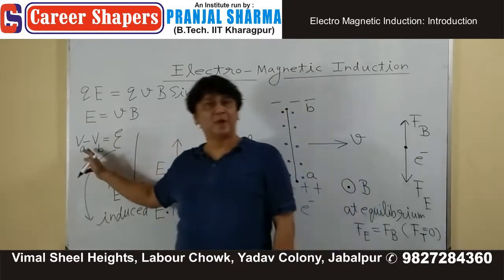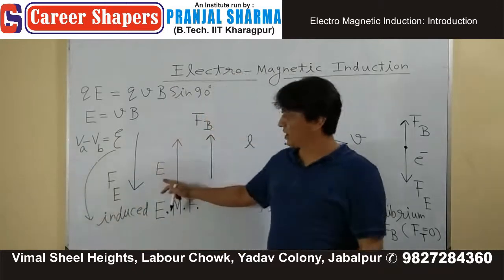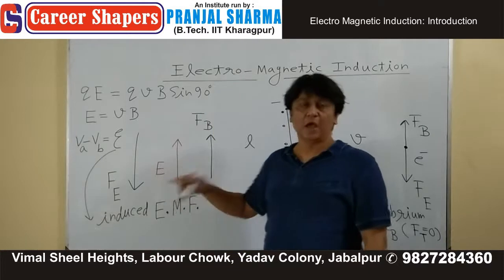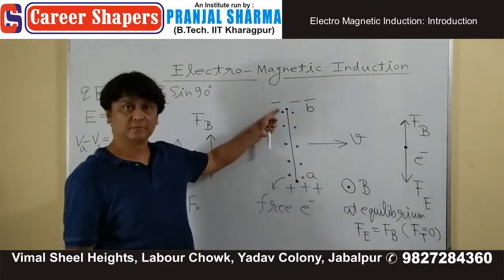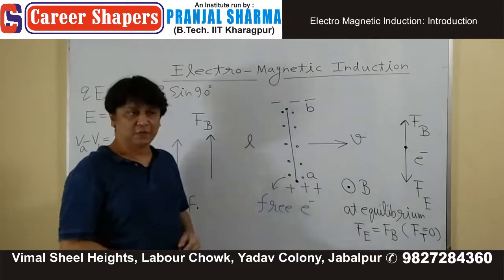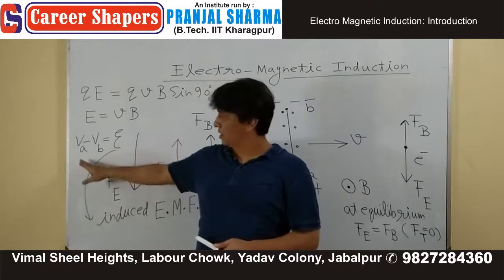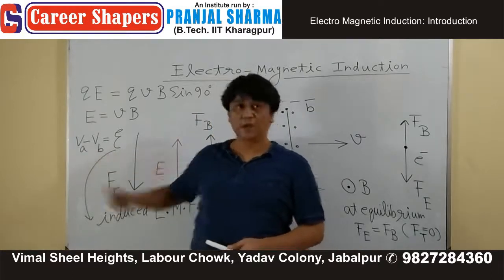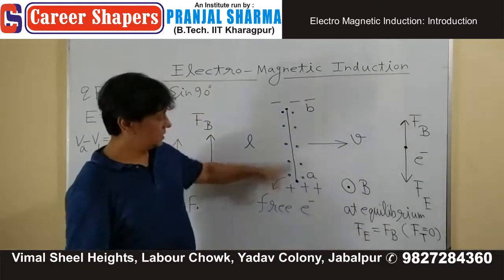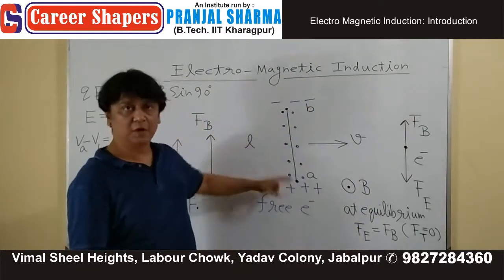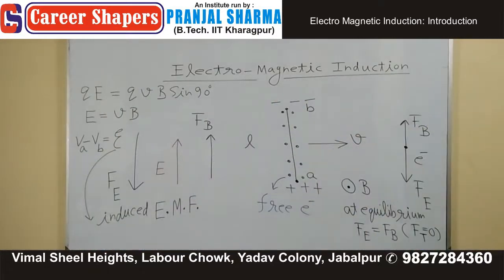Now what is VA minus VB? What is potential difference? If you have the idea of electric field and if you have the distance between 2 points, then I want you to write down in the comment box what is VA minus VB in terms of E and distance between A and B, which is L. Write down this in the comment box fast.